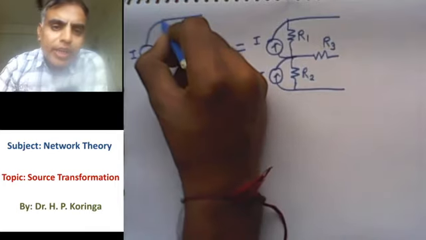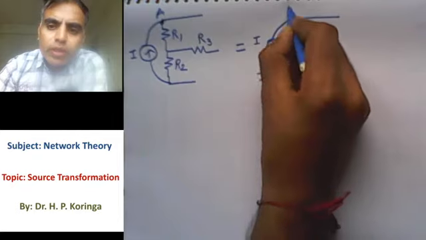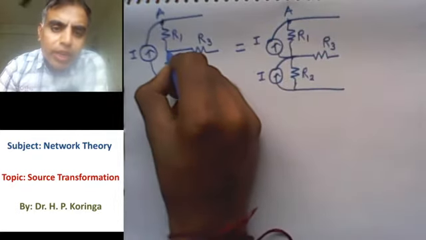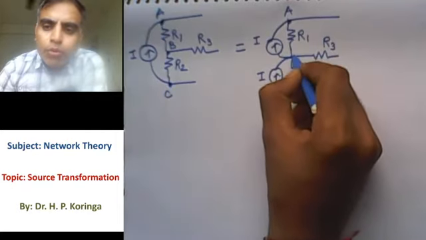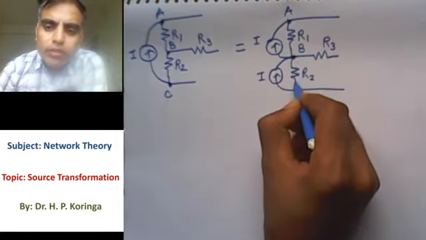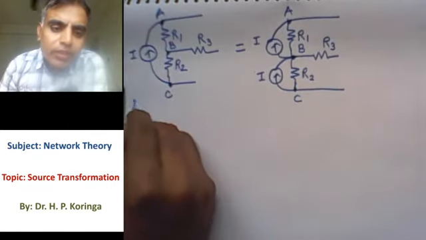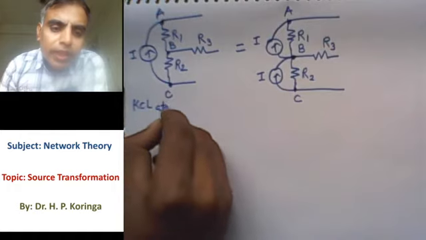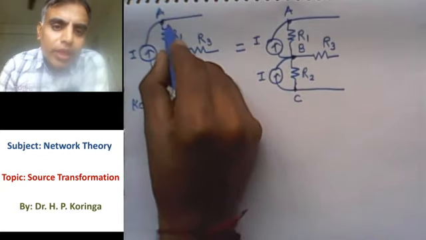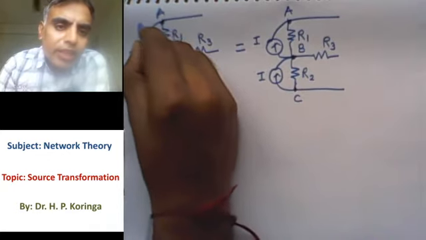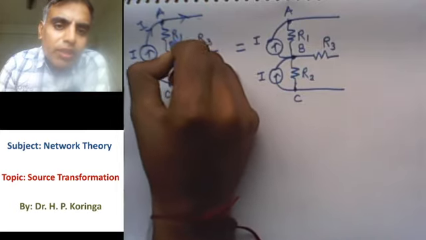Let me prove both the networks are equivalent. So let me apply KCL at this node. Let's say this node is A. Let me apply KCL at node A, node B and node C, and prove both the networks are equivalent. So at node A, one current I is incoming, and there are two currents, one in this branch and one in this branch.